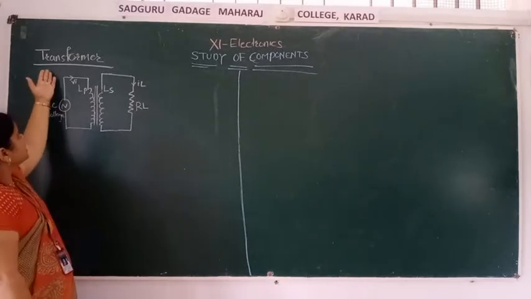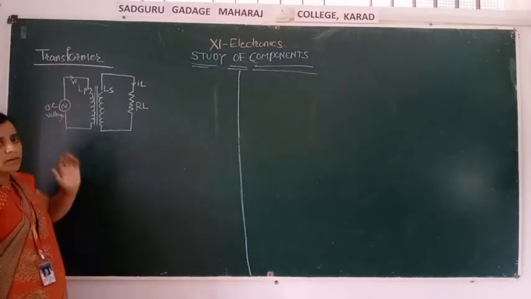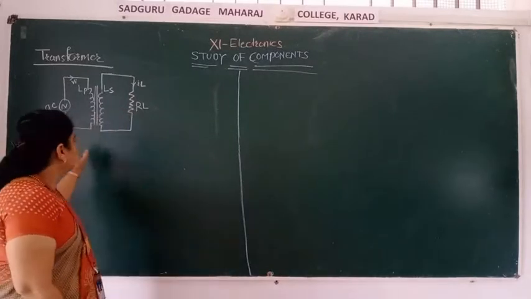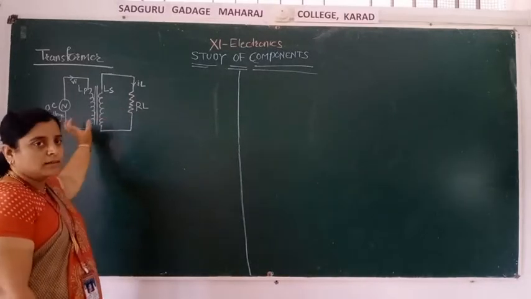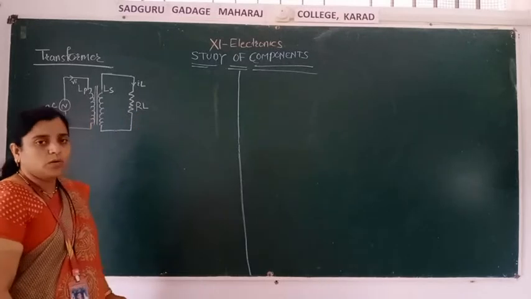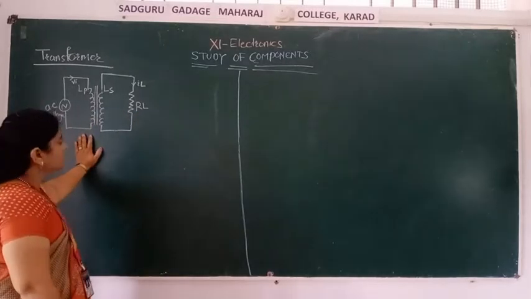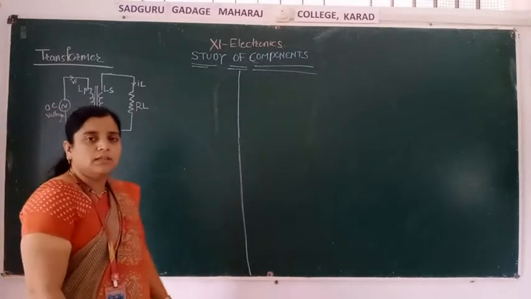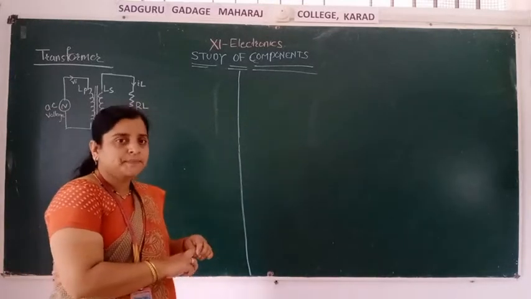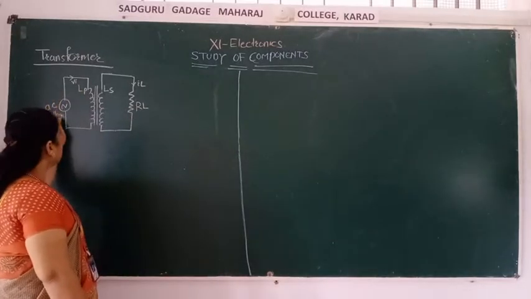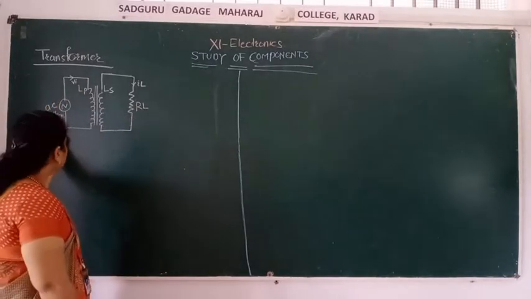What happens in the transformer? It transfers the AC signal, and you get the output across this load resistance RL. See in this diagram, the transformer acts on mutual inductance, where the primary is connected to the alternating voltage, that is AC voltage.